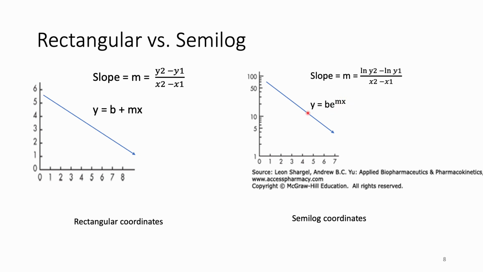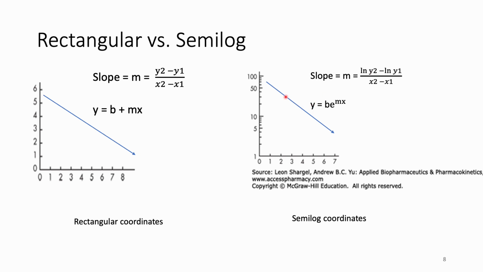Let me explain this a little bit. Because the straight line here follows something special when the y values are on a logarithm scale, the slope of the line is calculated based on the natural log.